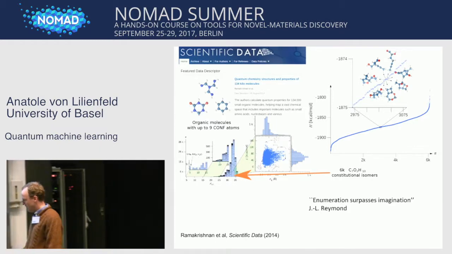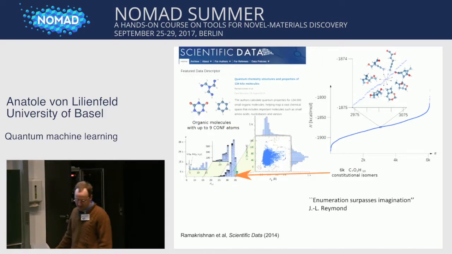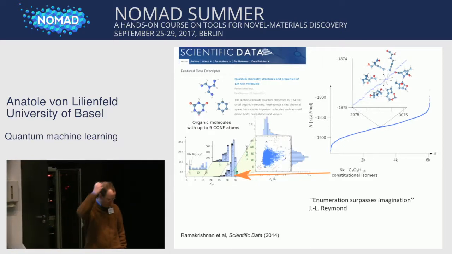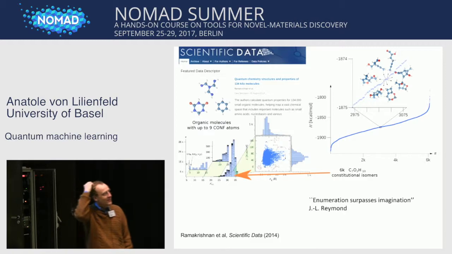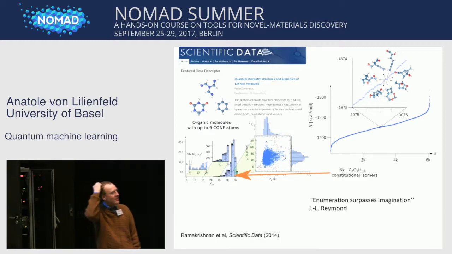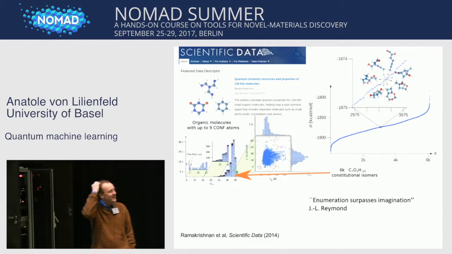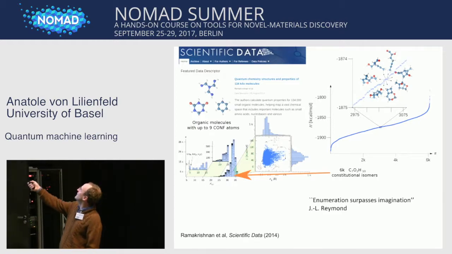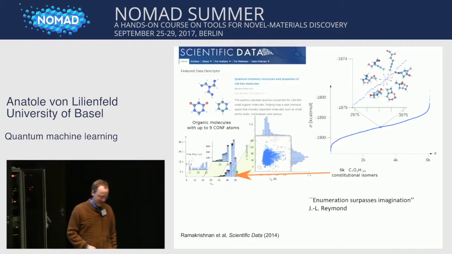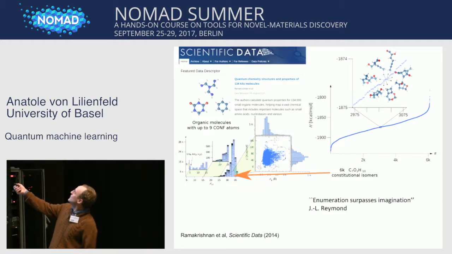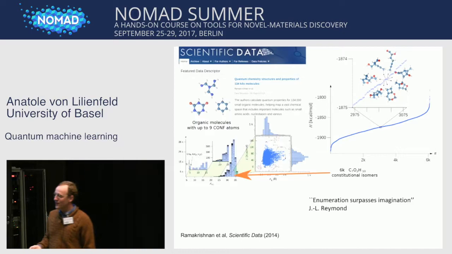So that's 0.05 eV, where you have 100 molecules, right? And they look really different, right? So I doubt that humans would have the imagination to draw all of these.